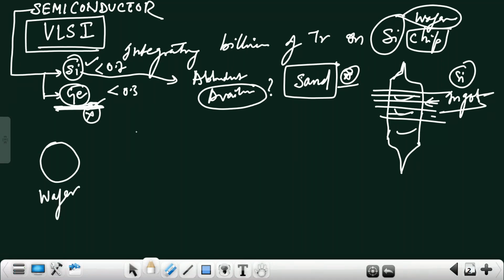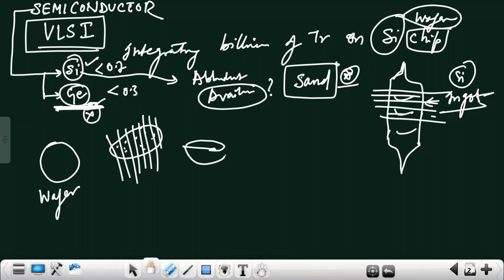Now you take a potato. Have you seen a potato? You take a potato, wash it, and then slice it, and then deep fry it in oil. Now what will you get?